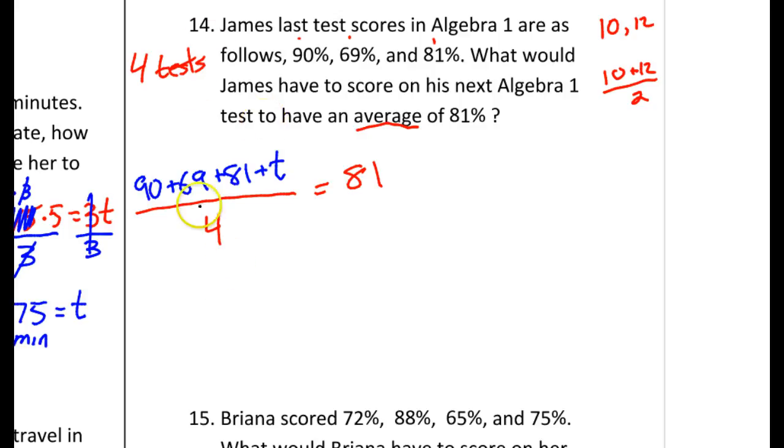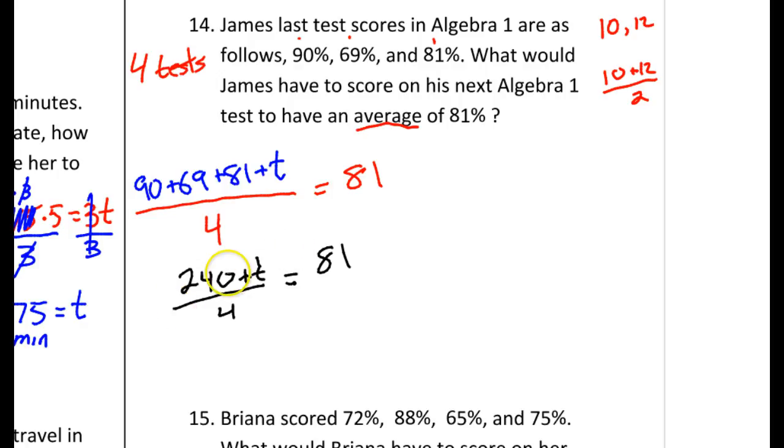Let's simplify the top a little bit, so 90 plus 69 plus 81. You can do that on your own. You should get 240, plus one more test, divided by 4 is 81.